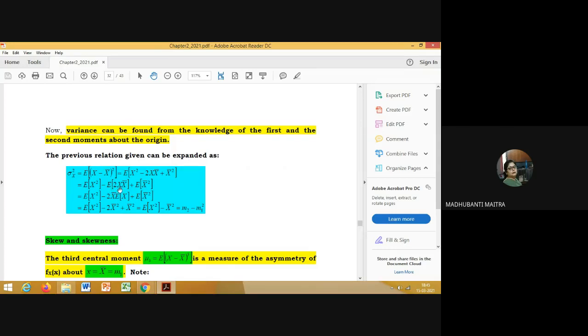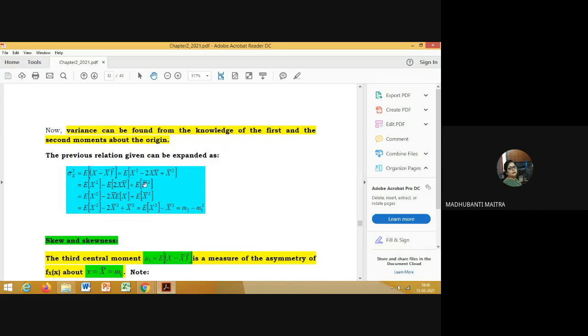So that will result in the expected value, again the expected value. So we'll get 2x bar square. Is it clear? The second term will be minus, because of the sign, minus 2x bar square. So this is equal to 2 into x bar is constant, and expectation of x, which is again x bar.